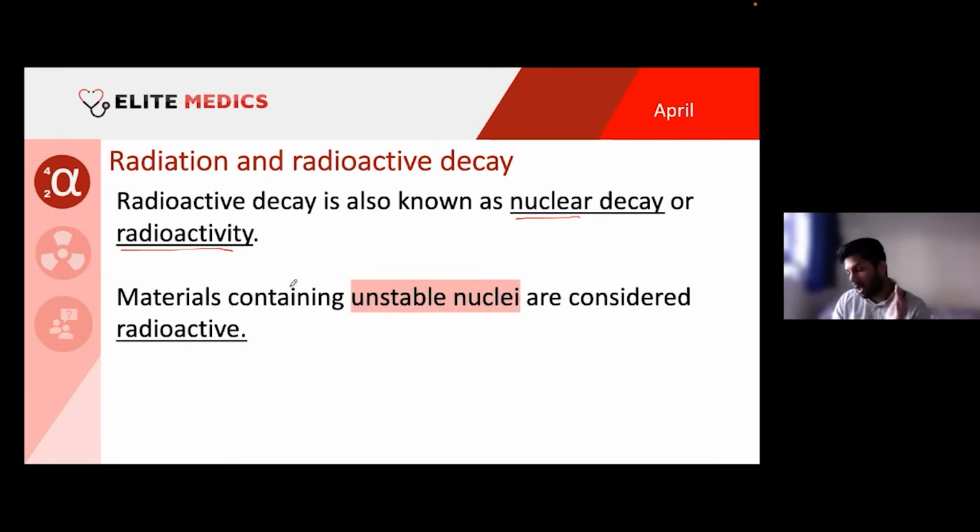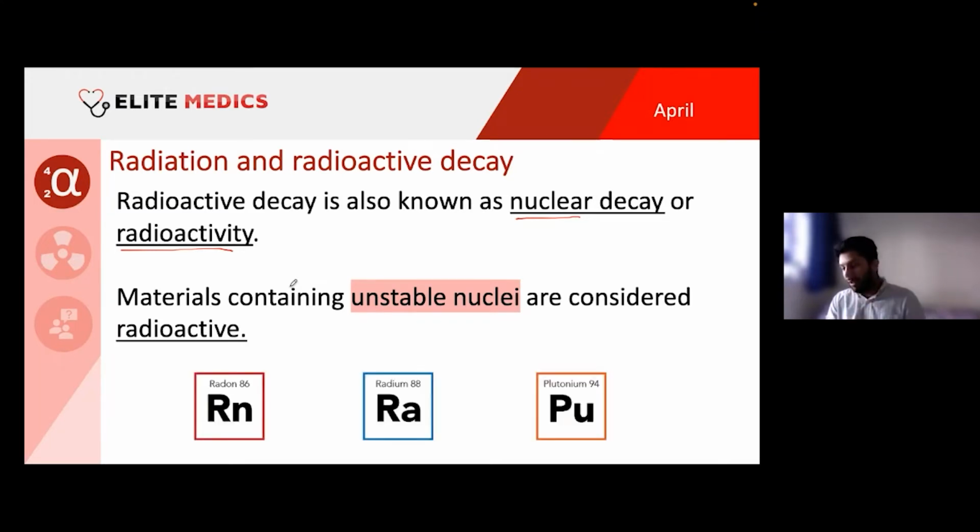So things like your uranium that we spoke about earlier, things like your radon that we mentioned earlier. These are all going to be different elements that are radioactive because they tend to have unstable nuclei. They tend to have either too many protons for the number of neutrons or too many neutrons for the number of protons.